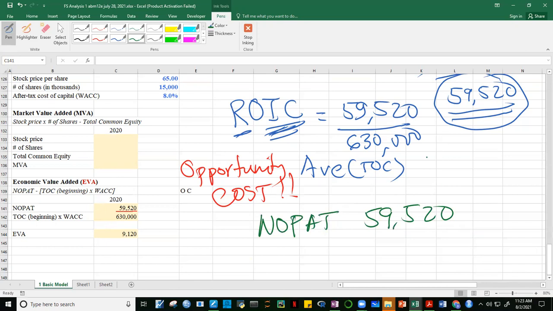Okay? Yung ROIC, guys, ang ginawa natin, kinuha natin yung return on invested capital. Dinivide natin ng 630. Si EVA iba, no? Si EVA, ang gagawin natin, hindi ratio, hindi percent, but absolute figure. So sabi natin, ginamit ng company yung 630, no?